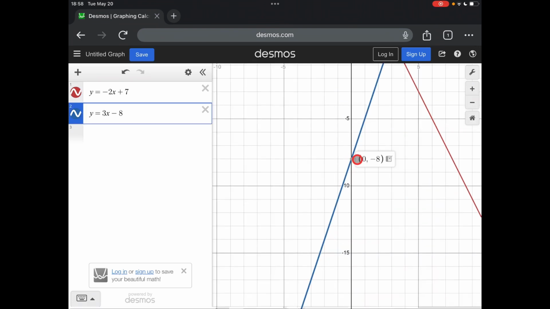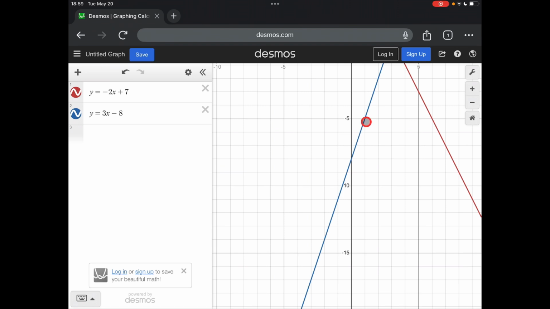So starting off, like how I said last time, at where it crosses the y-axis, we are at 0, negative 8. And let's see what the slope is. So we increase by 1 on x, and we should be adding 3 to our y value because our slope is positive 3. So if we look right here, this is where x is equal to 1.